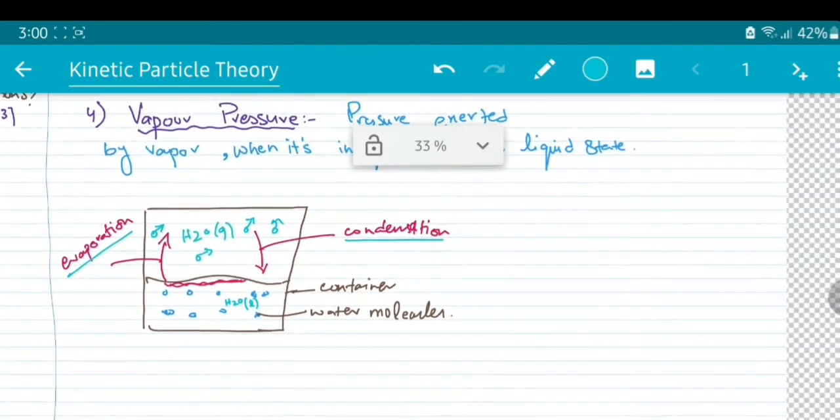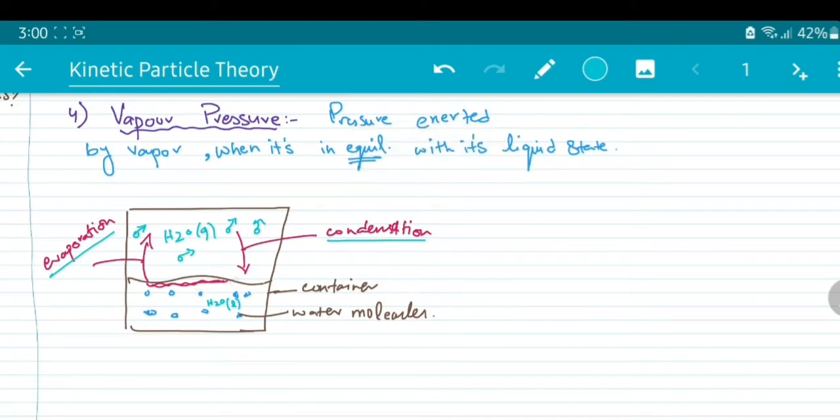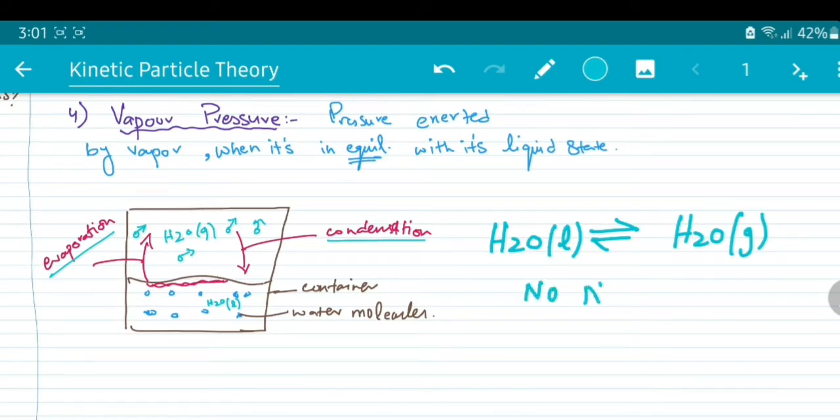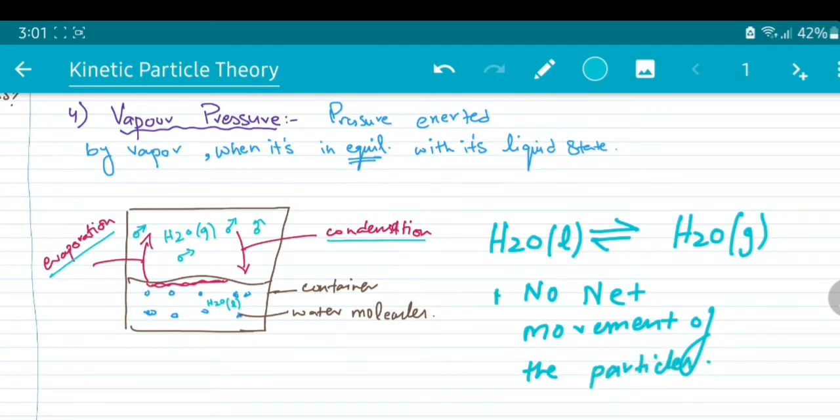Here is a demonstration of how pressure is created in equilibrium. Let me remind you that when equilibrium is reached, there will be no net movement of the particles.